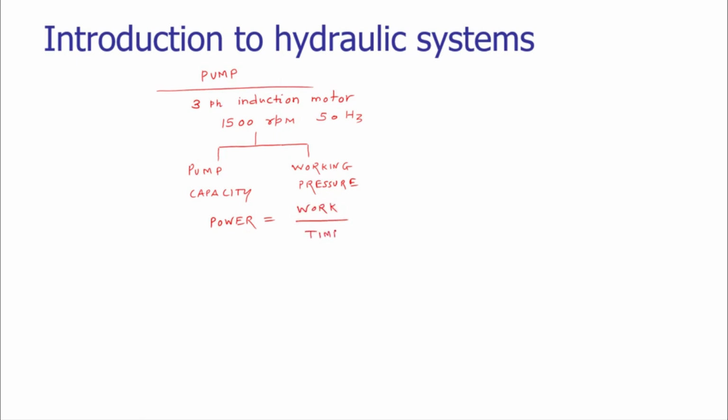As we have seen, the work done by a hydraulic system is the product of force and displacement, the force into the distance traveled by F1 on the left side of the system, divided by the time duration.